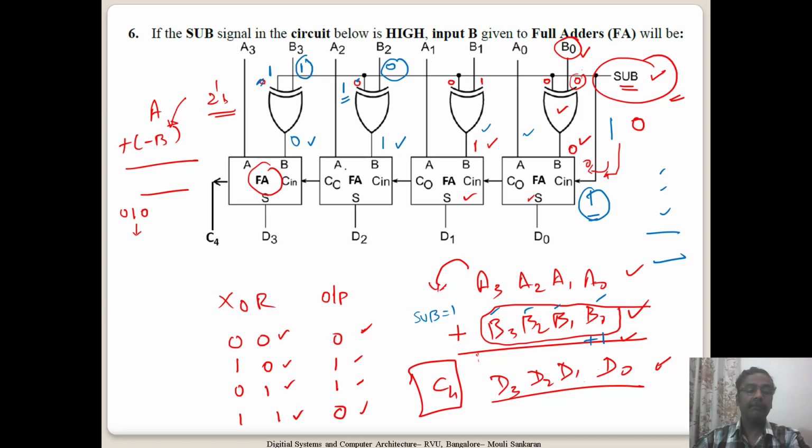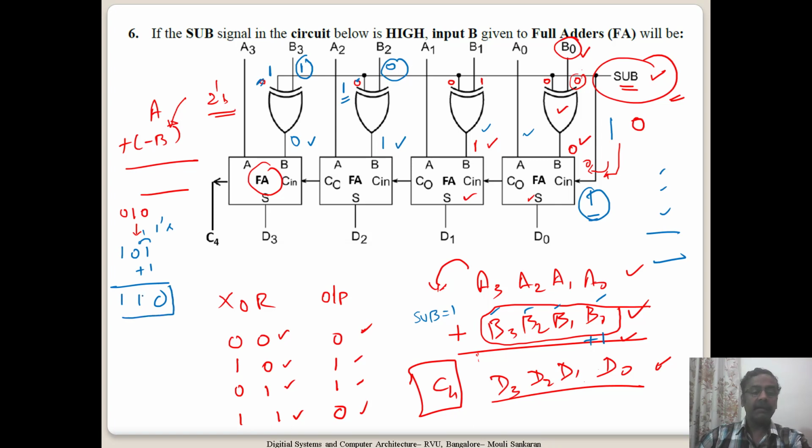Let me find the 2's complement of this value by first finding the 1's complement, which will be 1, 0, 1, and then I need to add a 1, which gives 0, carry, 1 and 1.